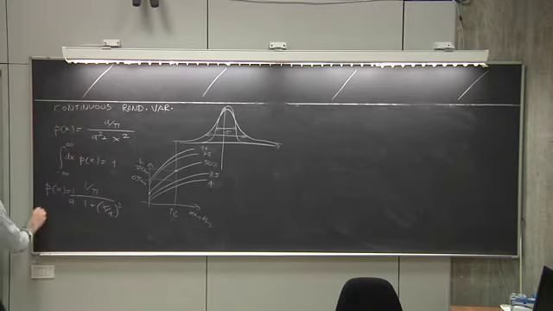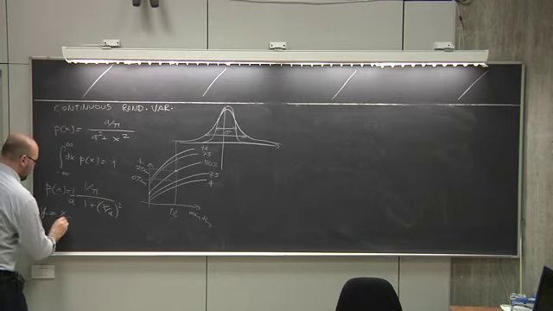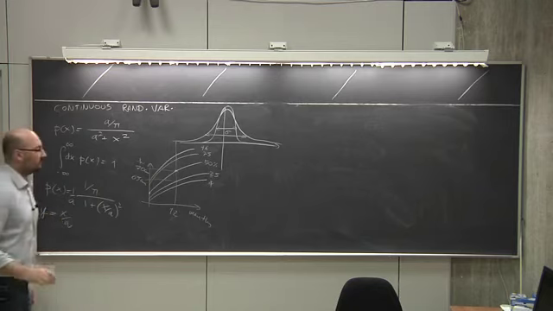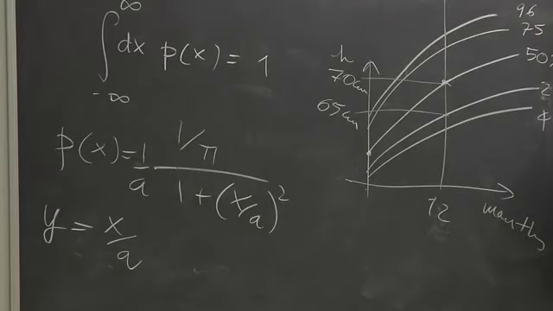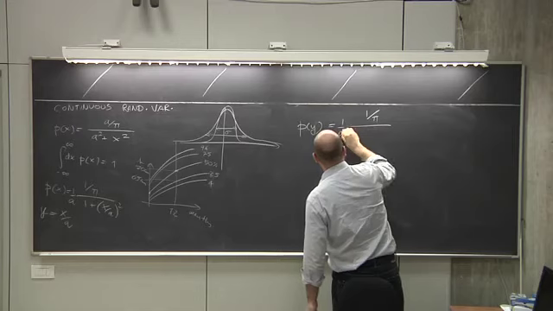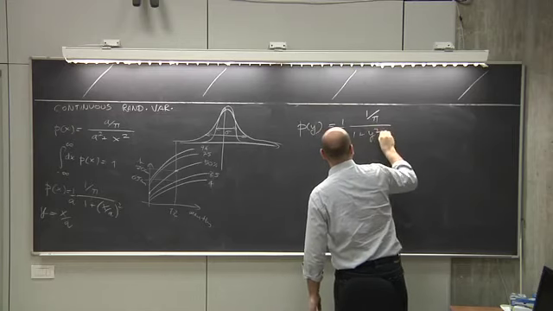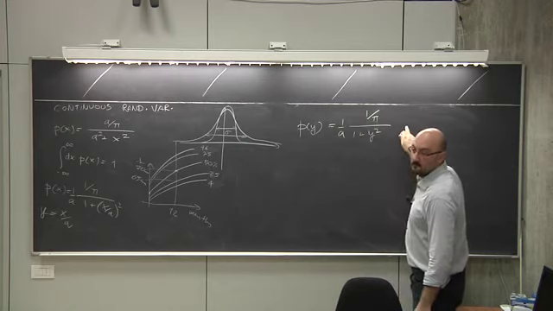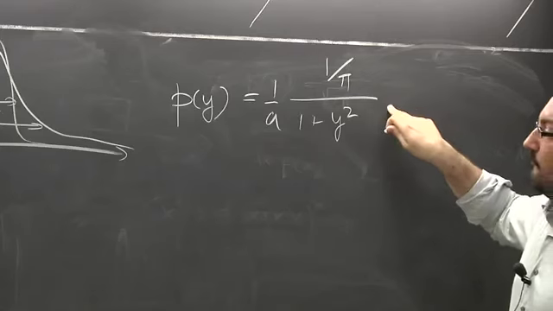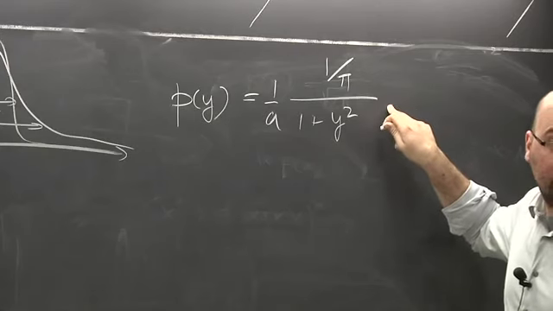So if I define the new variable y, which is x over a, and I look for the probability distribution of y, the probability distribution of y is 1 over pi, 1 divided by a, 1 plus y squared, but then there is another term here, right?